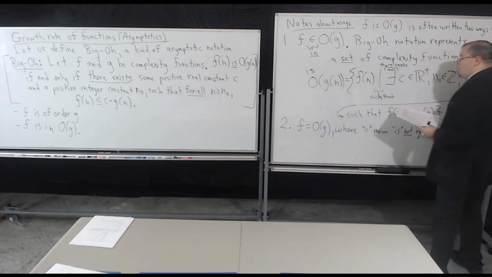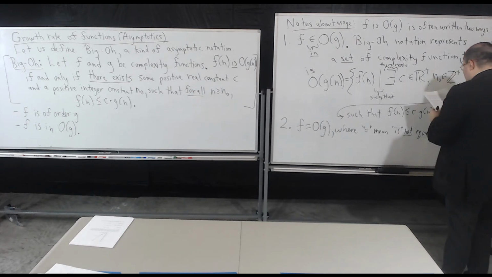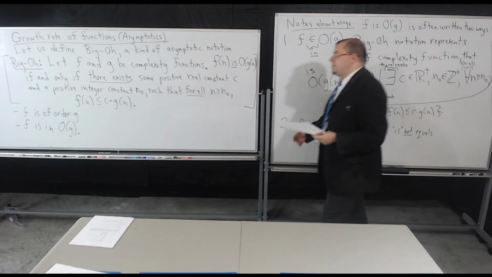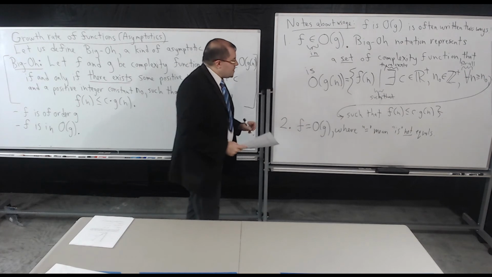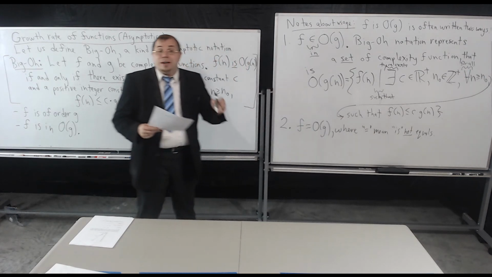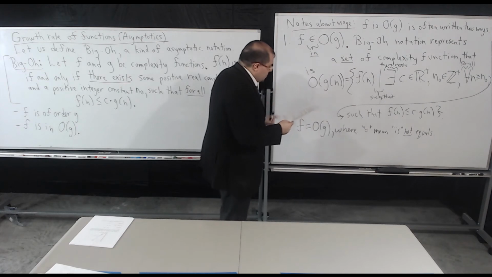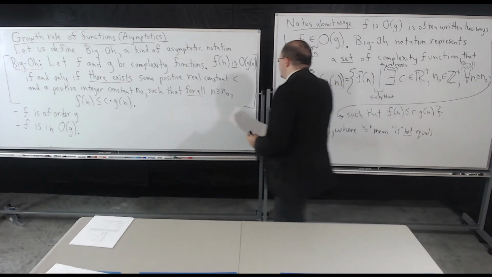I'm going to be overriding what equals means here. This is a pretty common convention in a lot of computer science lingo. But we need to remember that this does not mean equals, though I'm going to use it like an equal sign. So it's an abuse of notation. It's used very often because you can use it to simplify calculations considerably.